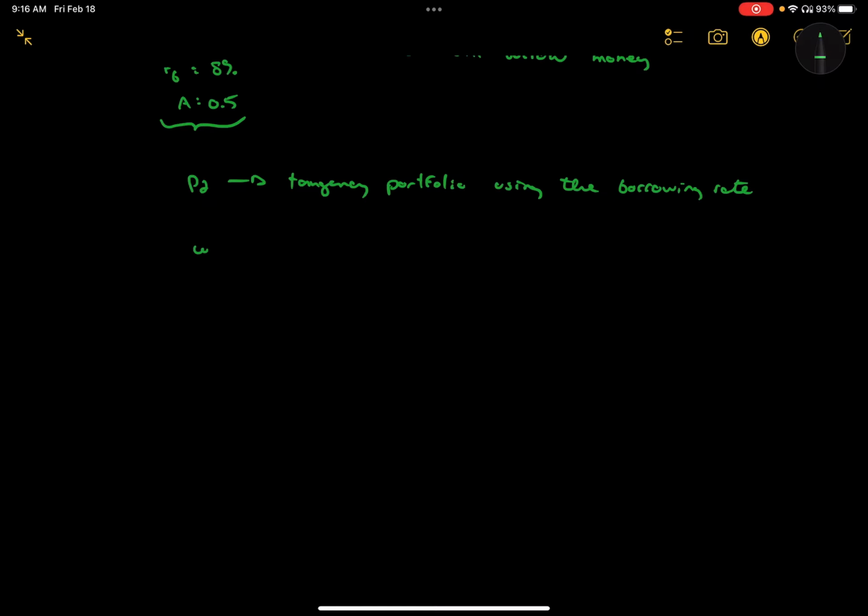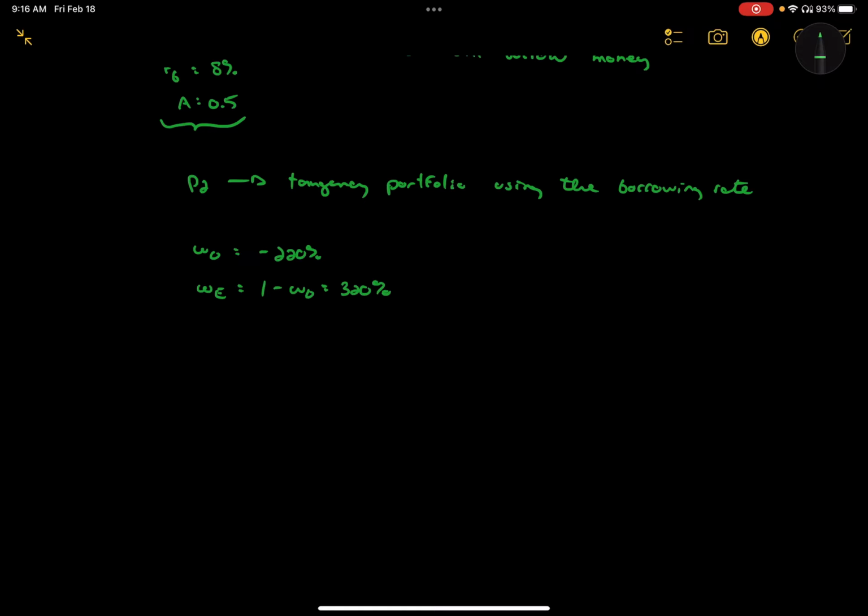But I'm just going to put the answer right here. So the weight of the tangency portfolio using the borrowing rate, the weight of D is equal to minus 220%. So weight of E is equal to 1 minus weight of D. That equals to 320%.